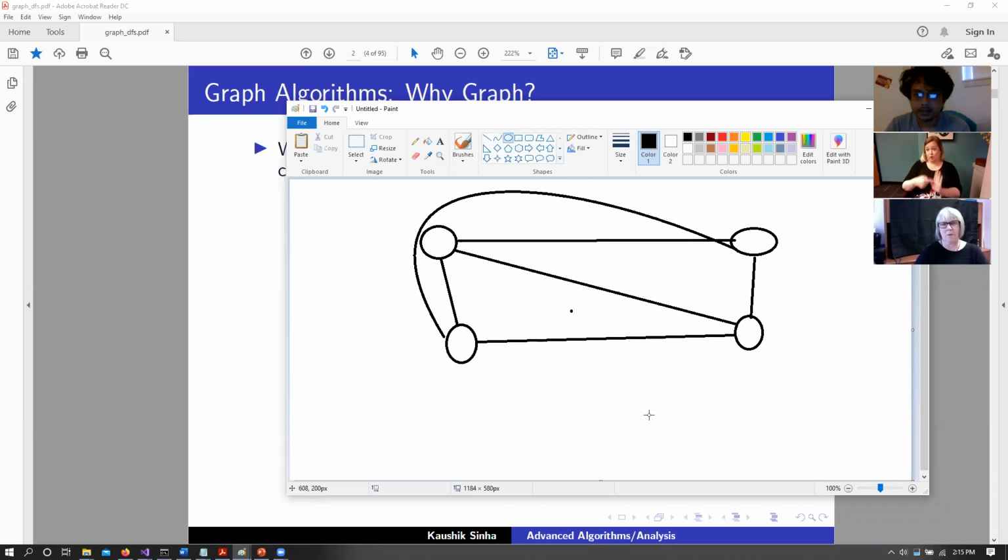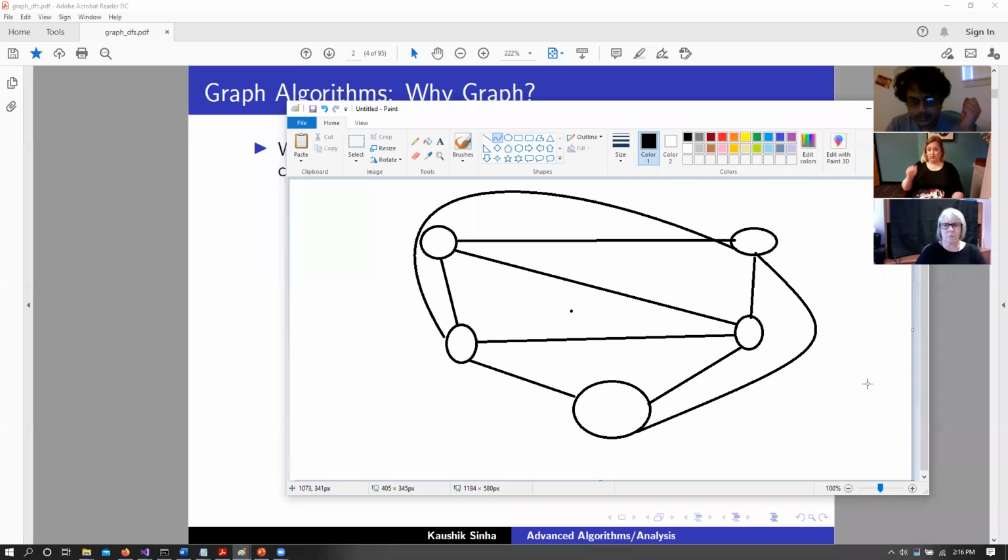But let's say that we have one more node here. This particular node needs to connect with this node, that is still a planar graph. This connects to this node, that is still a planar graph. And I also need to connect to this particular node, that still keeps it a planar graph because no edges are overlapping. So this set of edges are not overlapping.